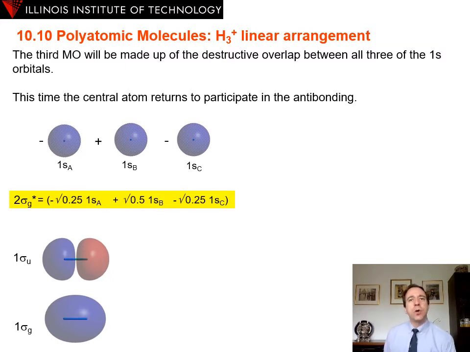It has as much interference between the orbitals as we can get. And if you look at those coefficients in this form of the wave equation, it is minus the square root of a quarter times the wave function on the A atom, plus the square root of a half on the central atom, and then minus the square root of a quarter on the end atom. That's just the way these contributions are going. They're not equal contributions because they're not in an equal arrangement.